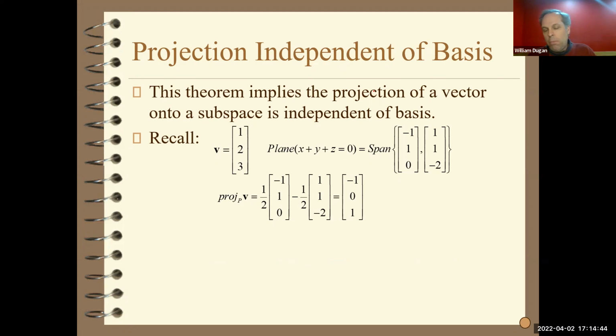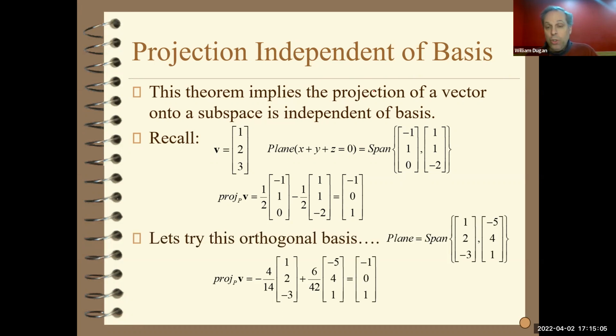So just recall, moments ago I gave you the vector 1, 2, 3. That vector is definitely not in the plane described by x plus y plus z equals 0. And that plane just happens to be the span of the two vectors I gave before. So I've already done the projection once. That projection is -1, 0, 1.